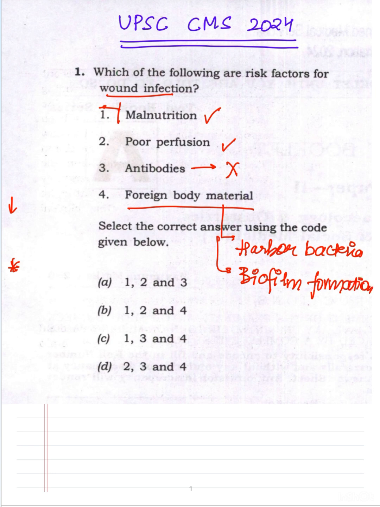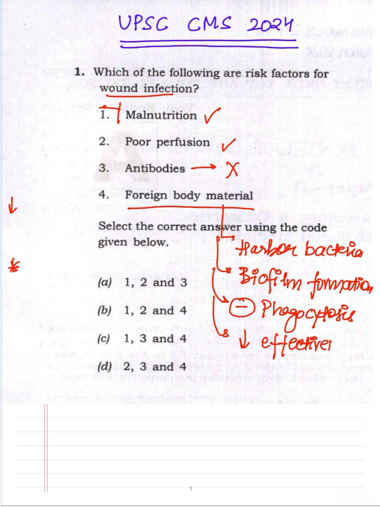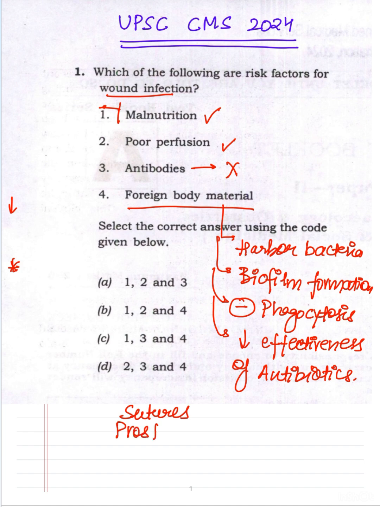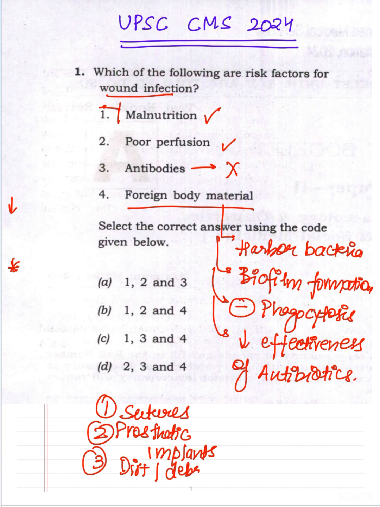They prevent phagocytosis, and they reduce effectiveness of antibiotics. For example, sutures, prosthetic implants, dirt or debris, or necrotic tissue.